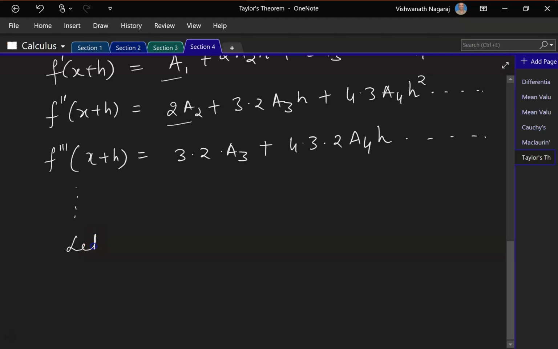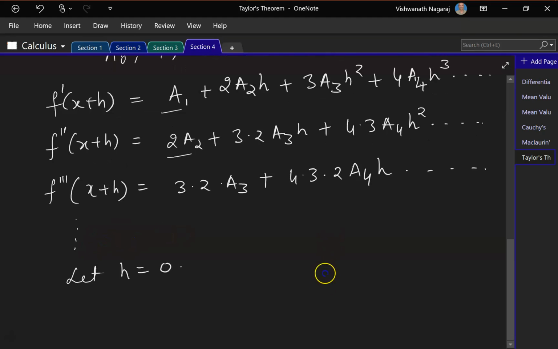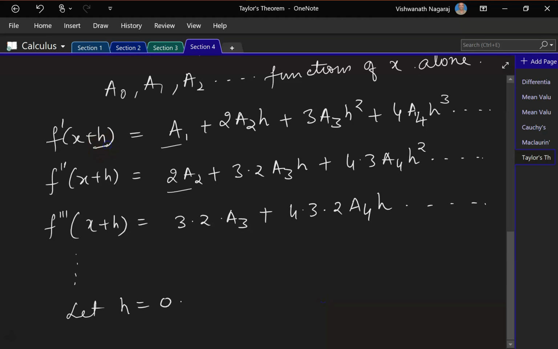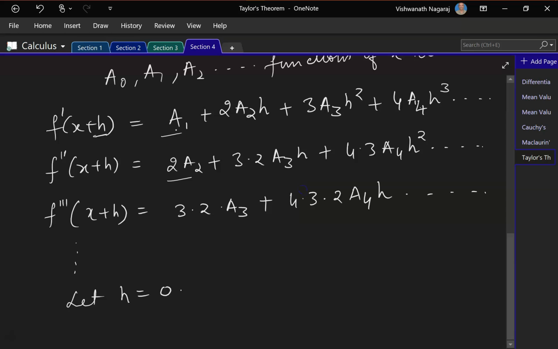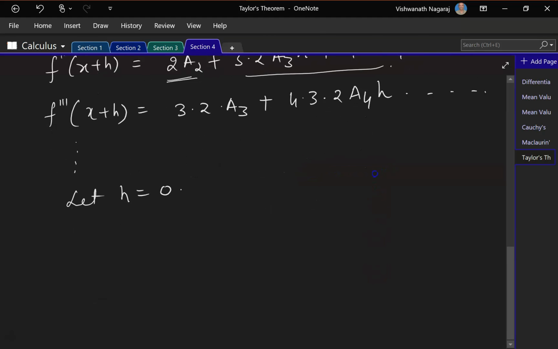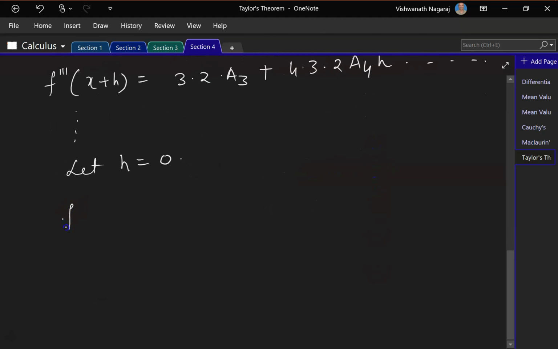Now let h be equal to 0. Now if we make h equal to 0, what happens? If you notice here, except the first term, all the terms disappear, right? So f of x plus h would become a naught.